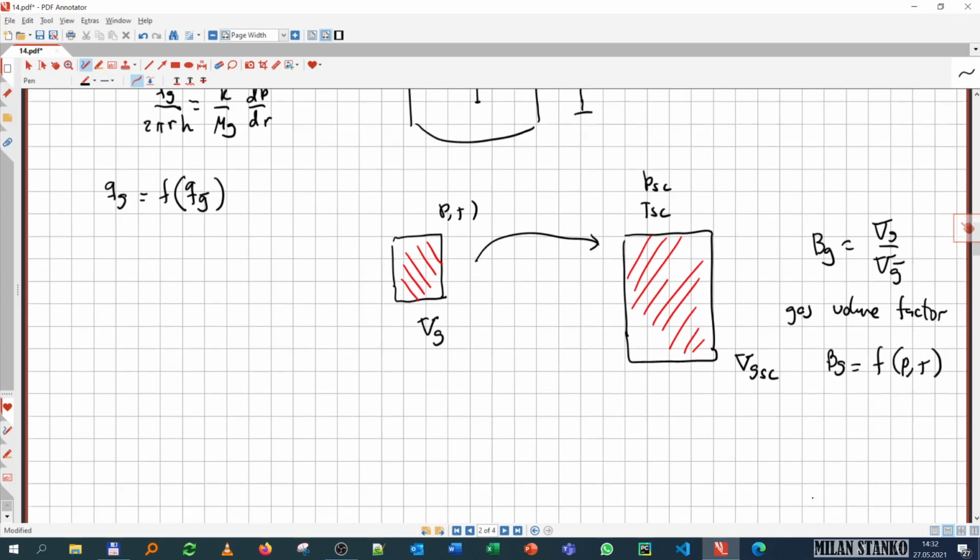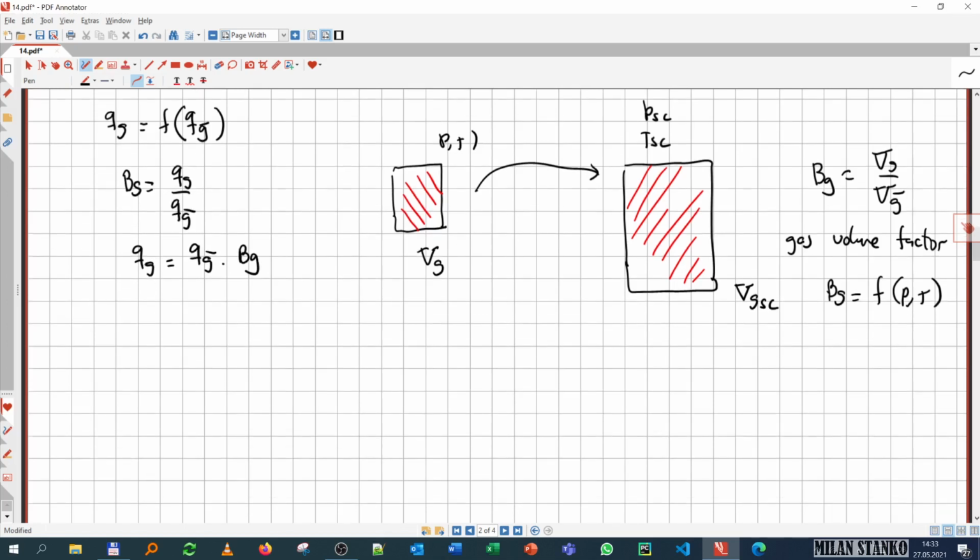Similarly, Bg is equal to Qg divided by Qg at standard conditions, and then we can say simply that Qg equals Qg standard times Bg. And typically you see this value, because here it is more evident than in oil, this one is usually much larger than this one, so this Bg is very small.